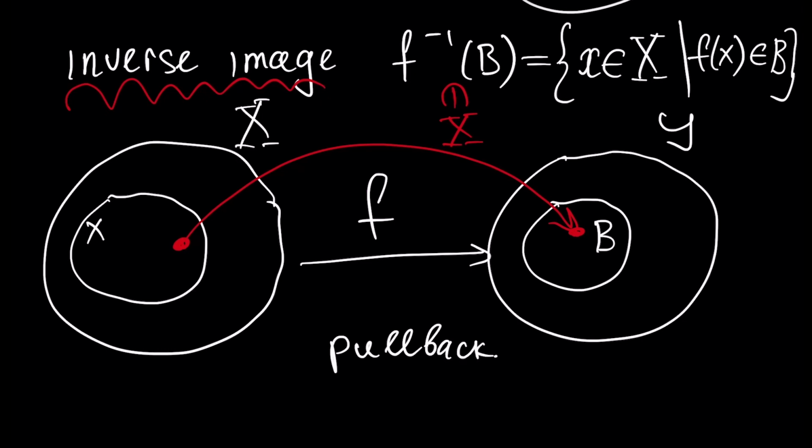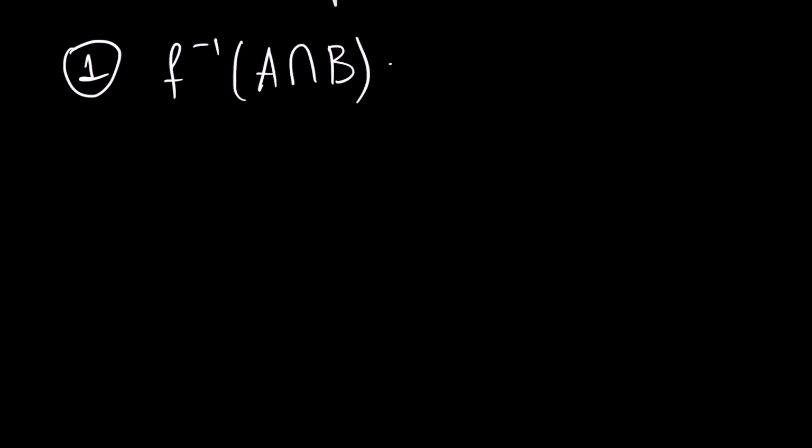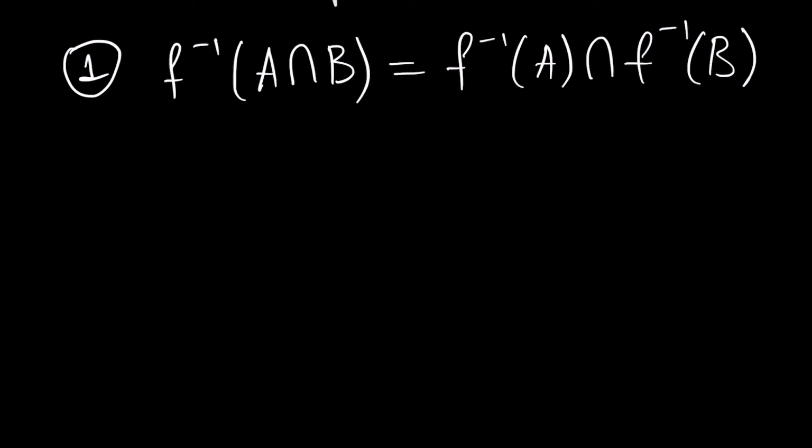We have very important relations for this inverse image or pullback. Let's begin with the first. The first is that f minus 1 of A intersected by B is equal to f minus 1 of A intersected by f minus 1 of B. Or in other words, pullback of intersection is intersection of pullbacks.